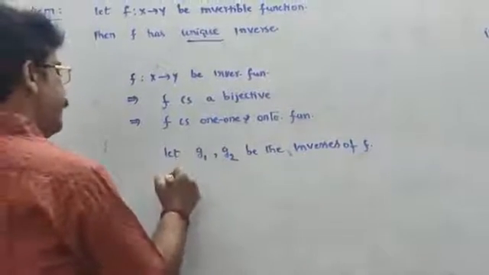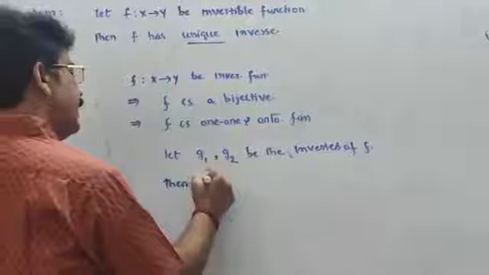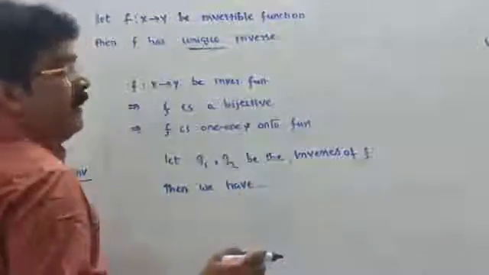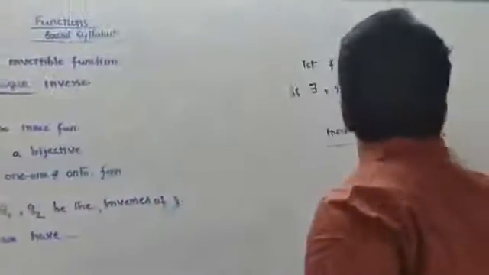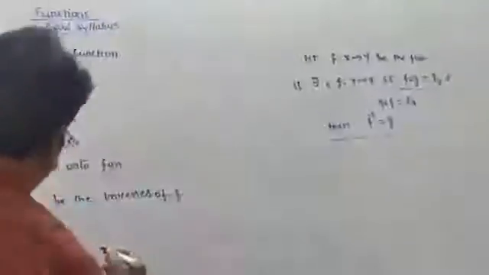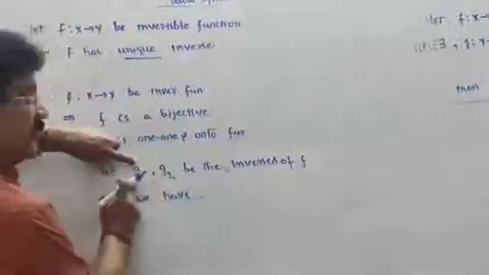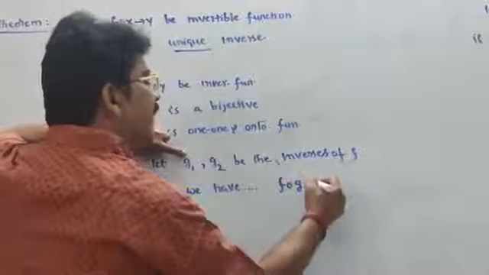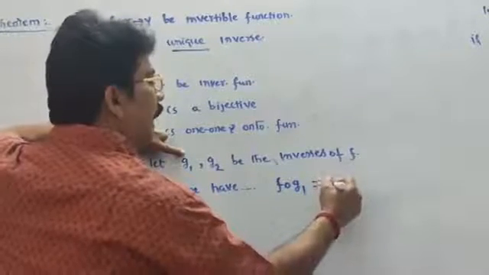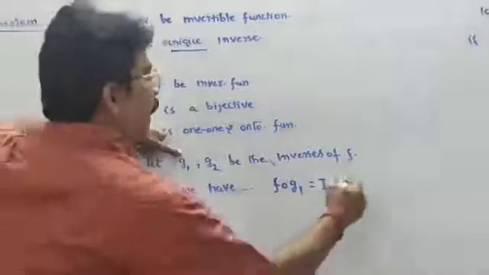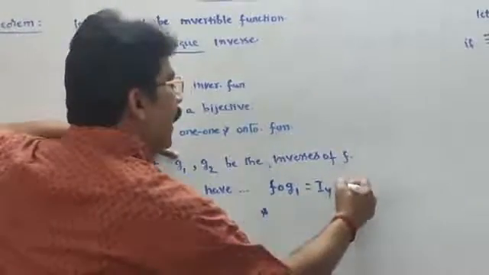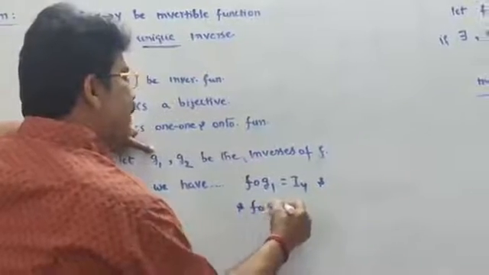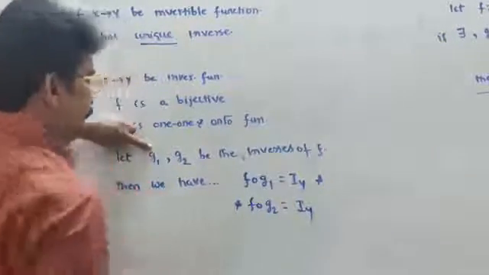Then we have the first condition: f circle g equal to I y, means f circle g1 equal to I y and f circle g2 is I y.